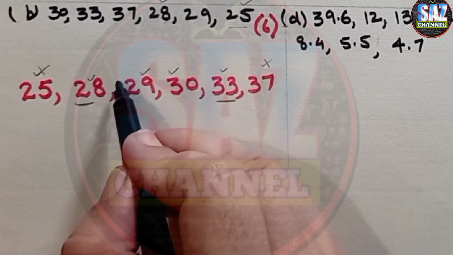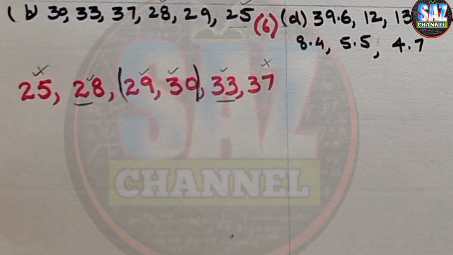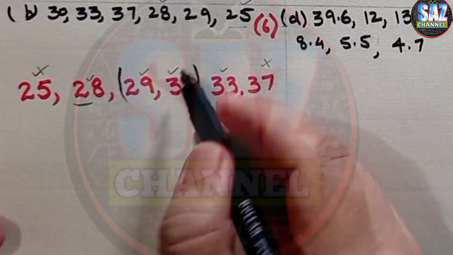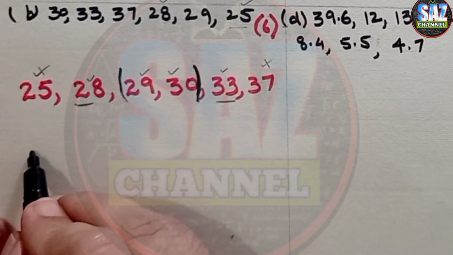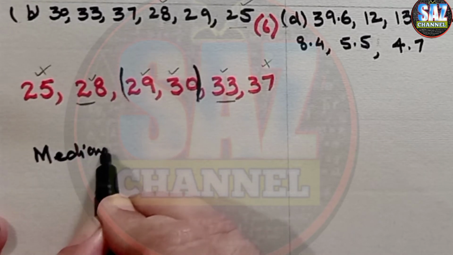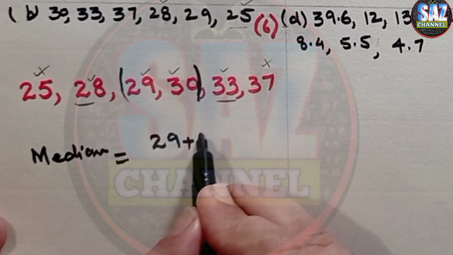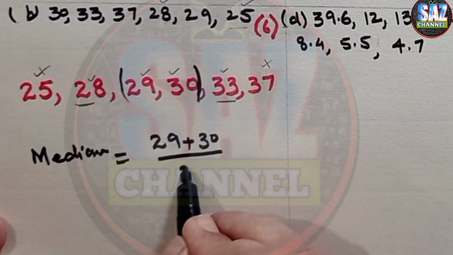So let me ring it up. Then the median for the even data is the average or mean. Median equals the average of the middlemost two values, 29 plus 30 divided by 2.